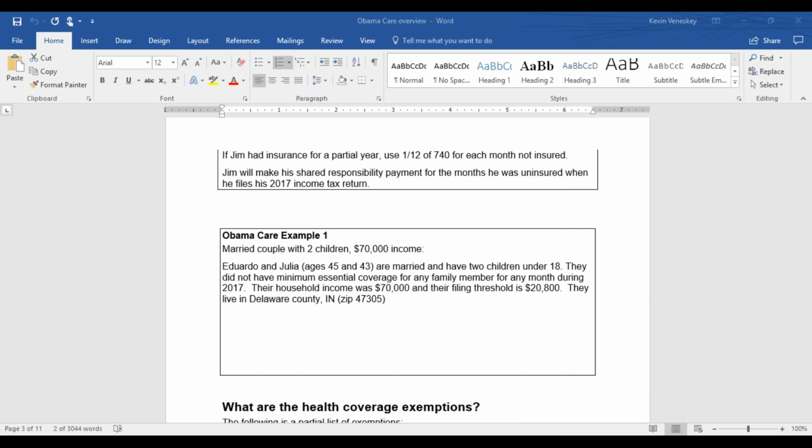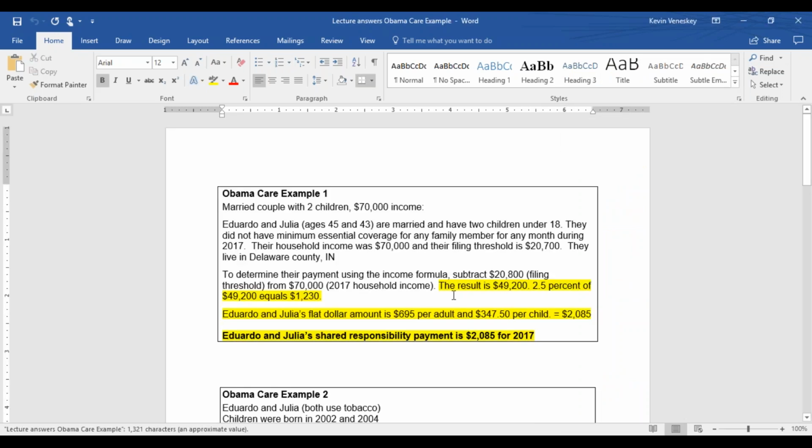Okay, here come the answers to our Obamacare example number 1. We take their income, $70,000, subtract out $20,800. When you get that, they have a taxable amount for this piece of the Obamacare of $49,200. Take that times 2.5%. That equals $1,230.